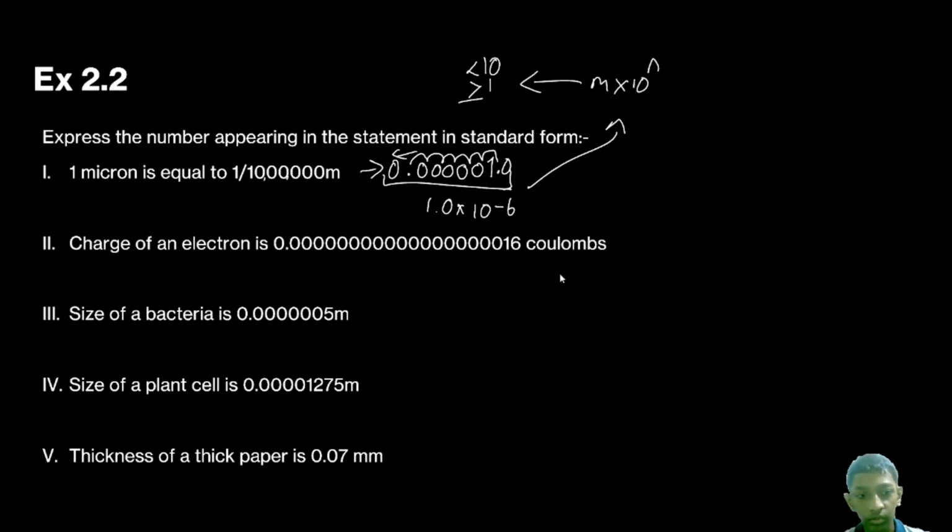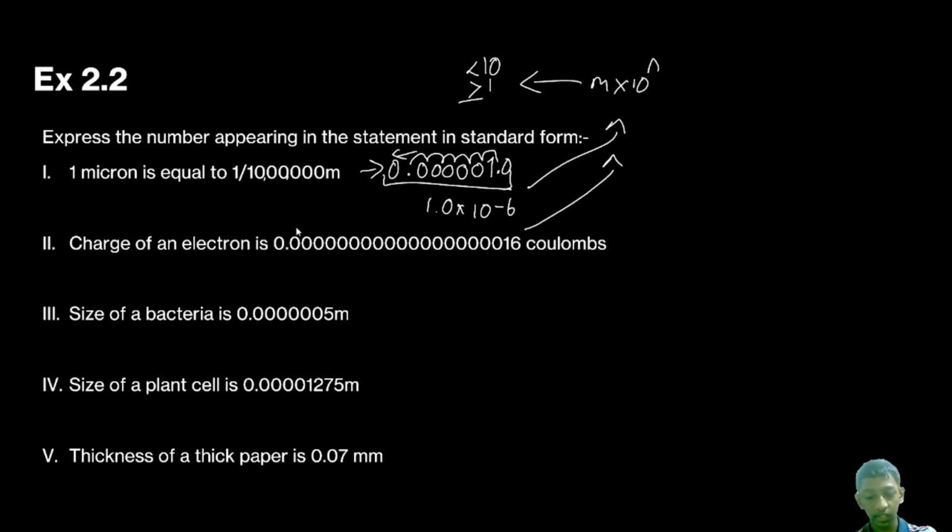Now let's move to the second one. Charge of electron is 0.00000000000000000016 coulombs. So let's convert such a small usual number into standard form.